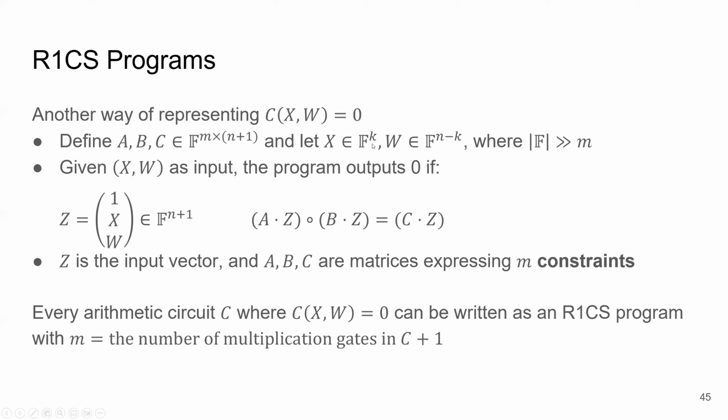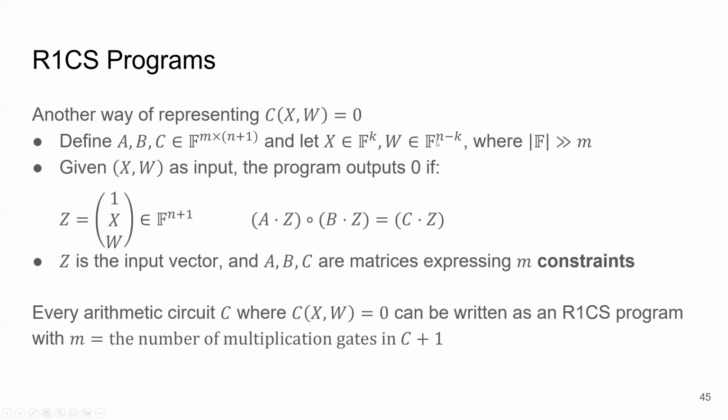Let's say that the vector is of size k, and let's say that the size of the witness w is n minus k. That way, when we concatenate x and w together, we get a vector of size n. So that's how we've defined n: n is just equal to the length of x plus the length of w.